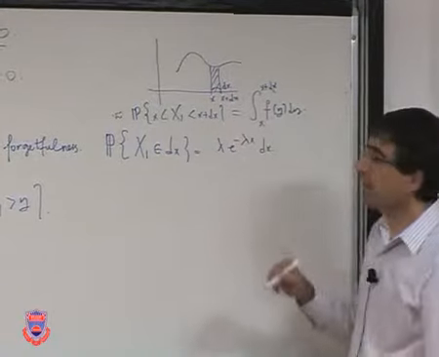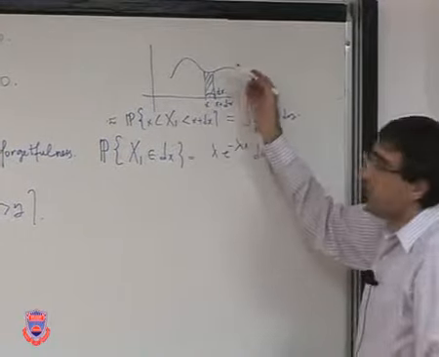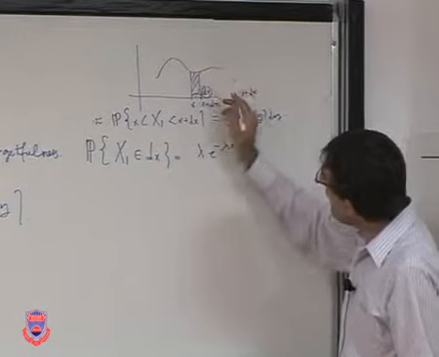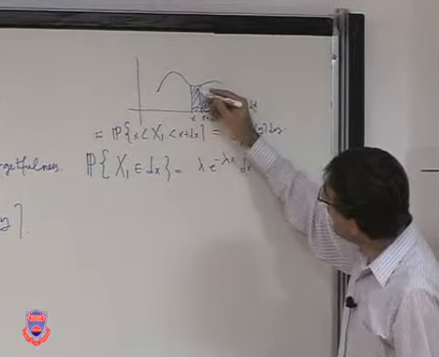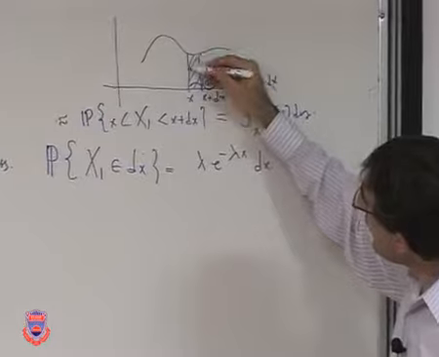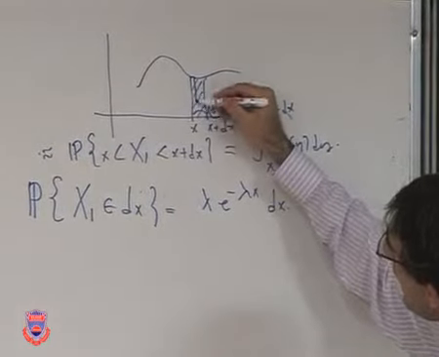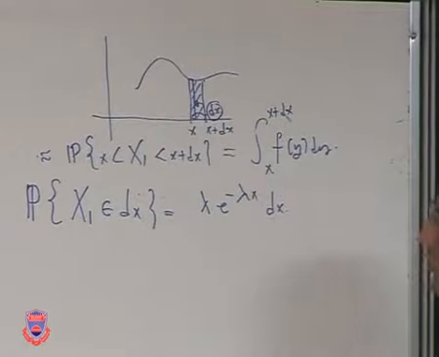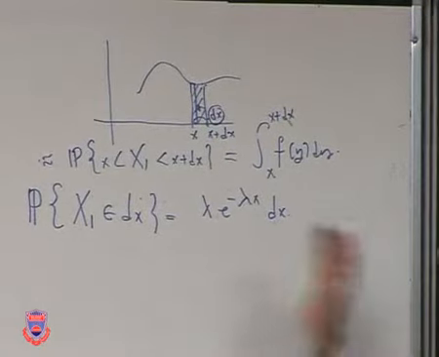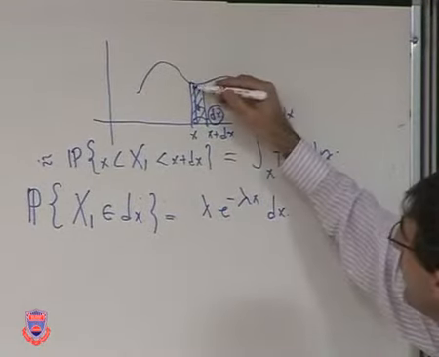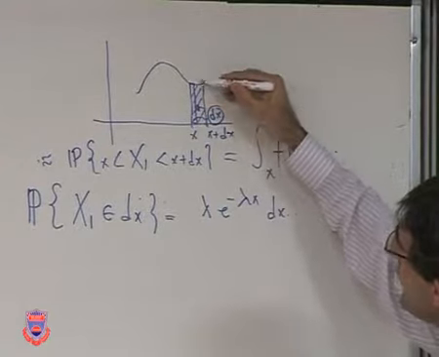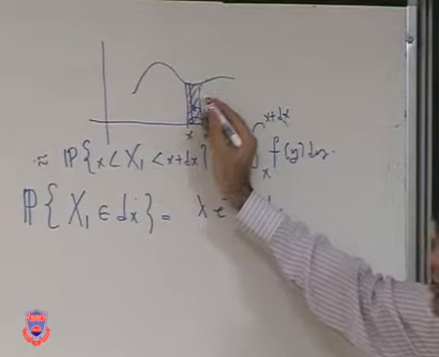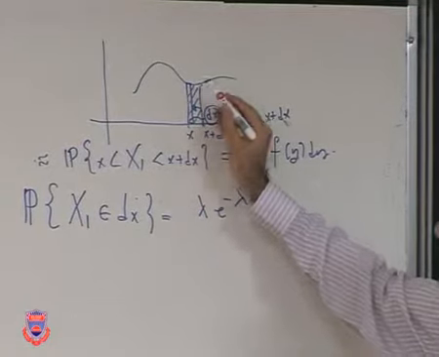And what do we know from calculus? If dx is very small, tiny, then you can approximate this area with a rectangle like this. Very small, so this bump, this curve, will just disappear. It will look more and more like a straight line.